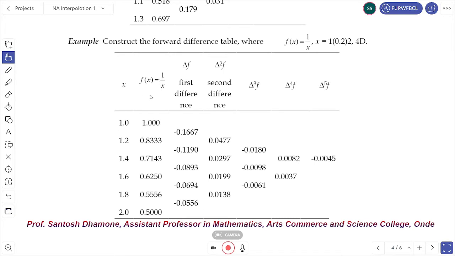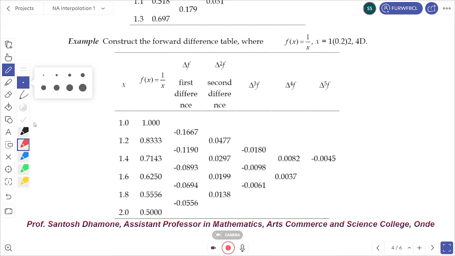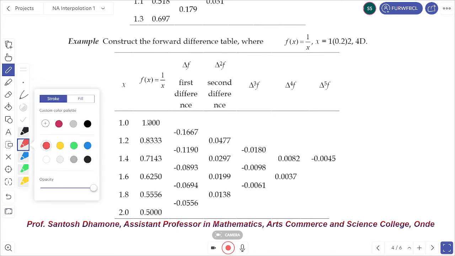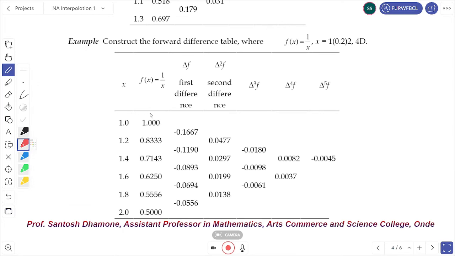First we put x equal to 1, 1 upon 1 is equal to 1.